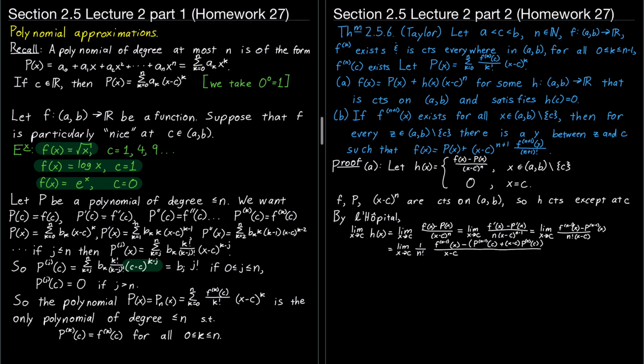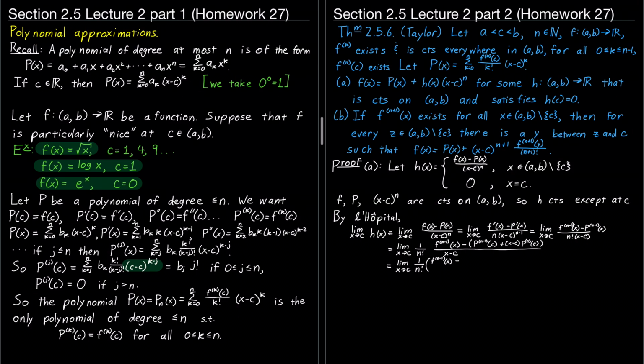So we know it's a linear function because you take one more derivative and you get a constant, and that linear function has the right value at c and the right derivative at c, so we can write it like this. Limit as x goes to c, 1 over n factorial, then we write f n minus 1 of x minus, and then remember how we define our polynomial.